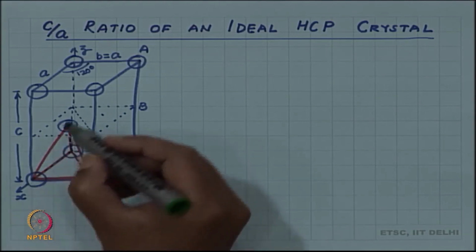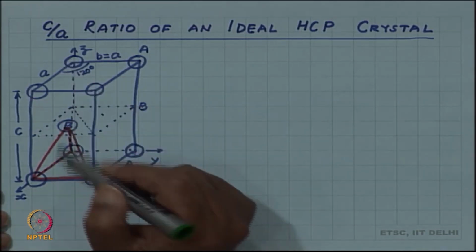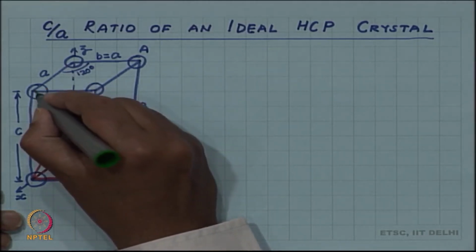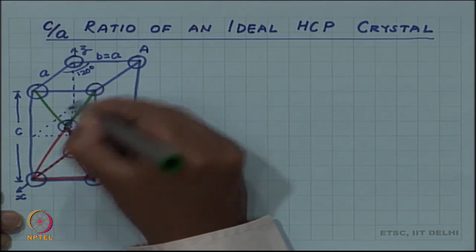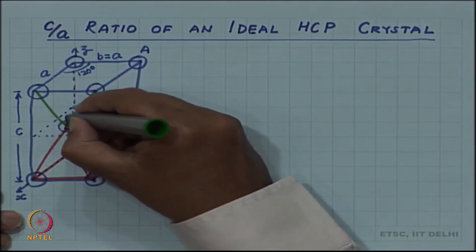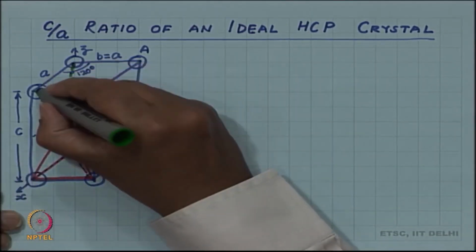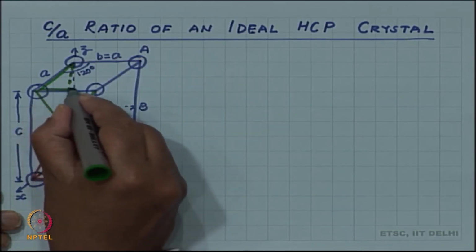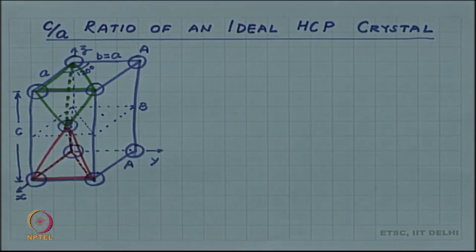But the same B atom also forms a tetrahedron with the 3 A atoms above it. This forms an inverted tetrahedron. If I now join this B atom to these atoms above, then here also it forms a tetrahedron, only it is an upside down tetrahedron, what we call an inverted tetrahedron.